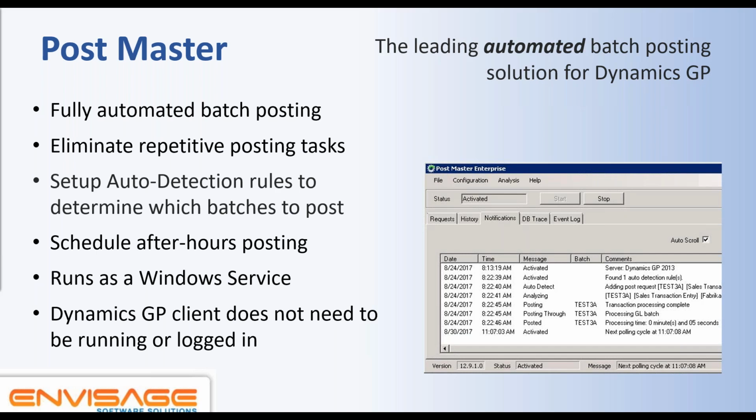Now, the cool thing is it actually runs as a Windows service. It does not require the GP application to be up and running or for you to be logged into it. And it does not consume a GP user license.